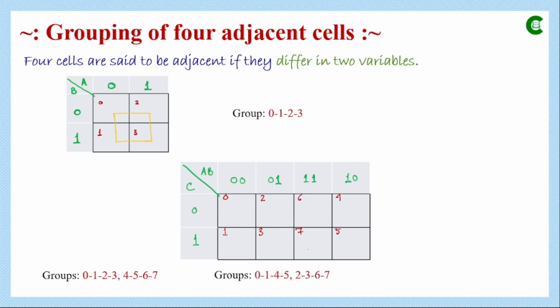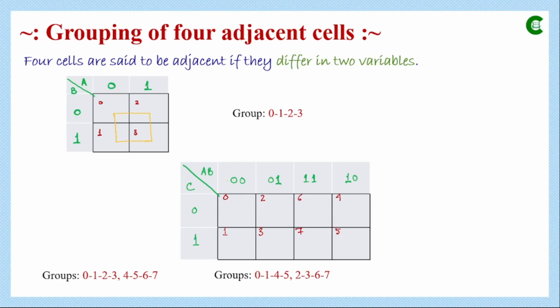Now there will be another kind of groups having 4 adjacent cells from the same K-map. This time, if I evaluate 0, 2, 6, 4, these 4 cells, we can see that for all these 4 cells, c remains the same, and that is 0. Horizontally, if we evaluate the change, for variable a first it remains the same, then from 0 to 1 it changes its value, then again it remains the same. So there is a change for variable a.